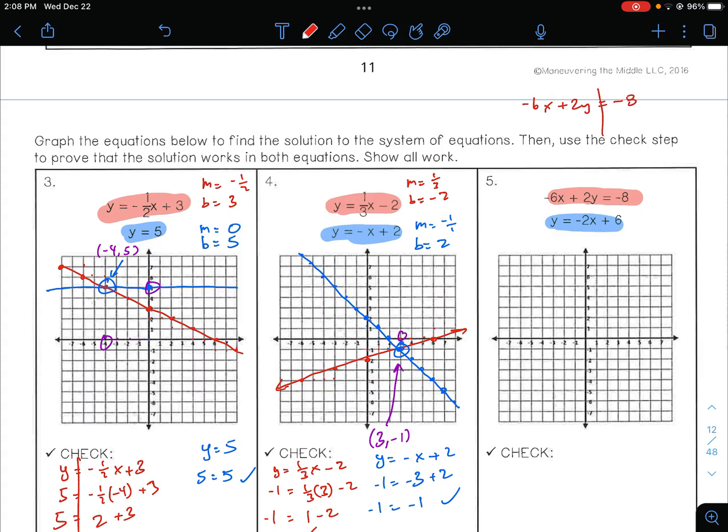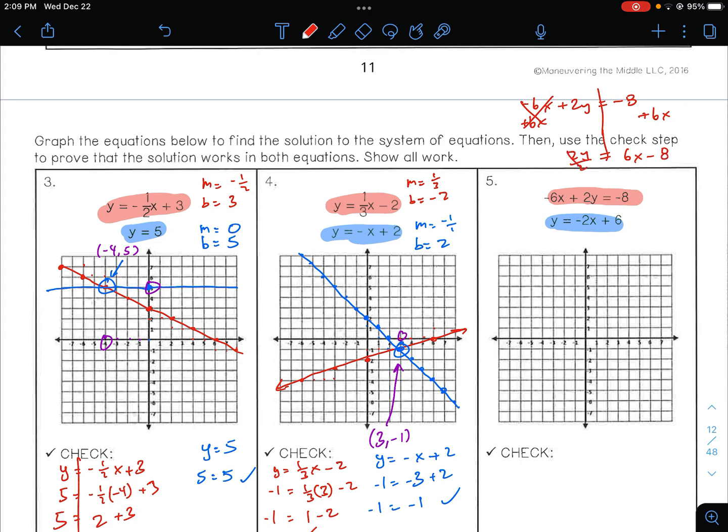Remember, I need to get the y by itself on the left side, so get rid of the -6x specifically, so plus 6x to both sides. They are not like terms, so I can't add 6x to the -8. I'm left with 2y equals 6x minus 8. And then get the y by itself, so divide by 2.